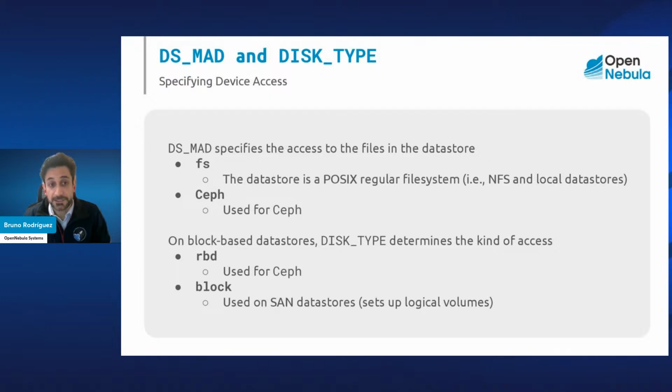Actually, we are using RBD on Ceph, which we will see later. With some data stores, we are using logical volumes below the data store, and we use the block type.